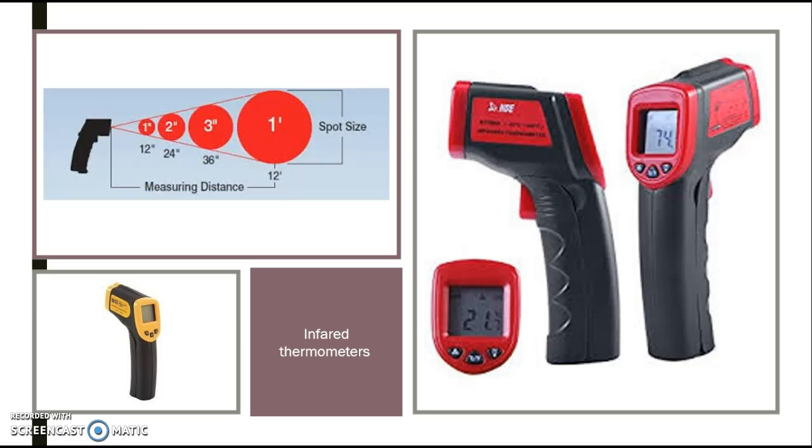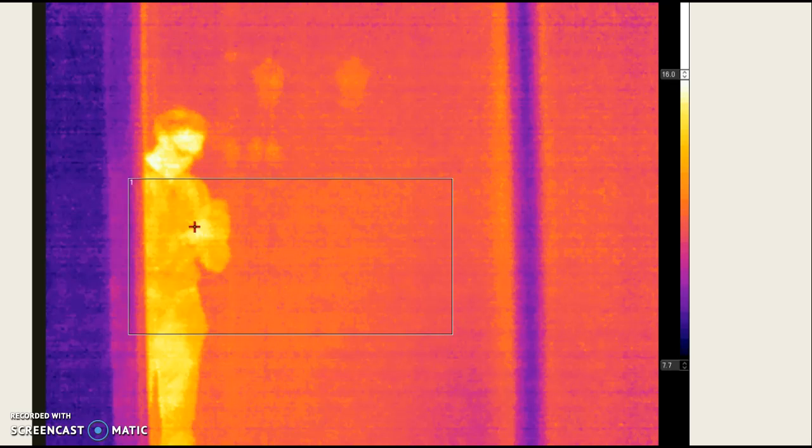So it appears fairly simple to use. I've never used one myself, but we can gather that they are quite simple to use. Here's an image of an infrared camera, essentially the same principle as the other infrared thermometer, except already projected onto an image.